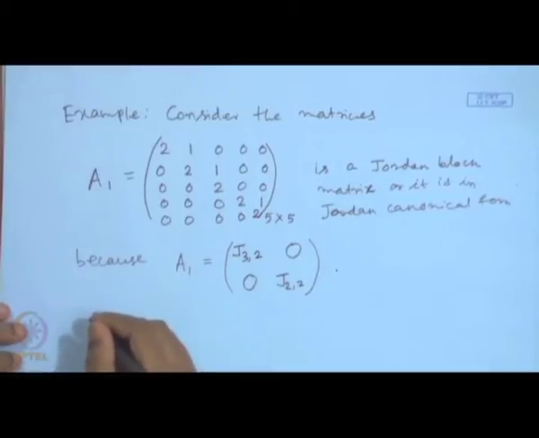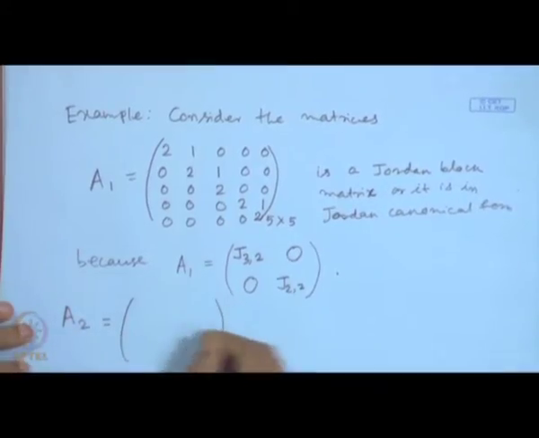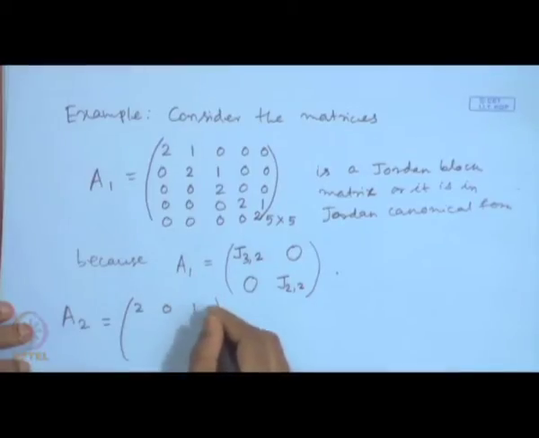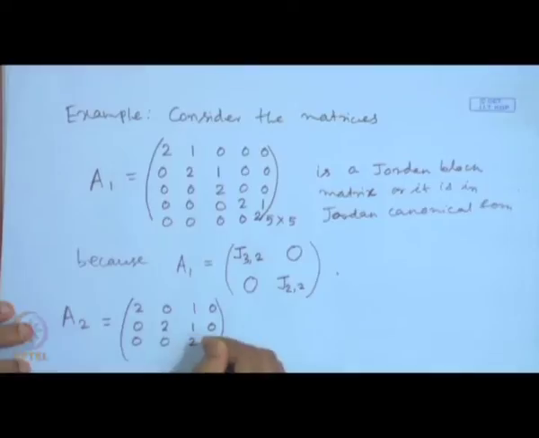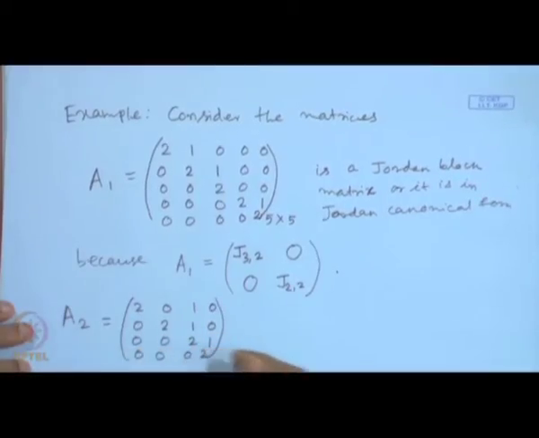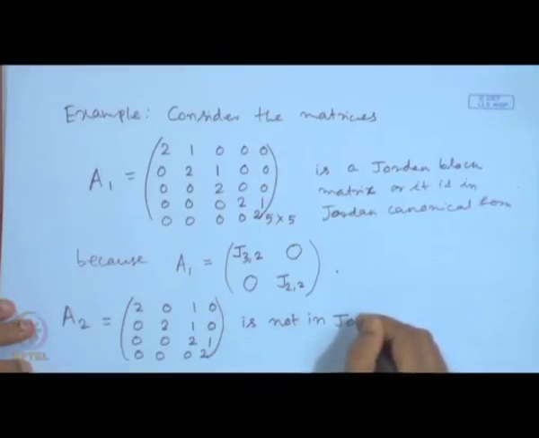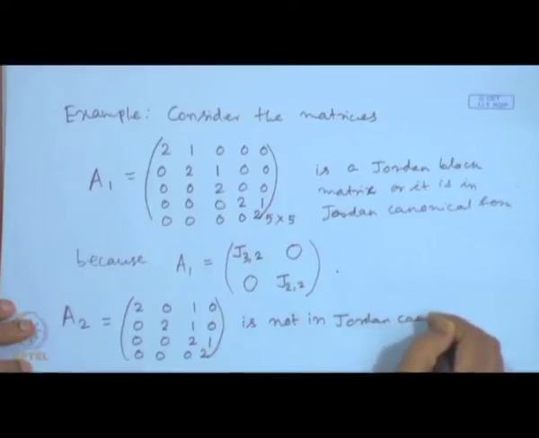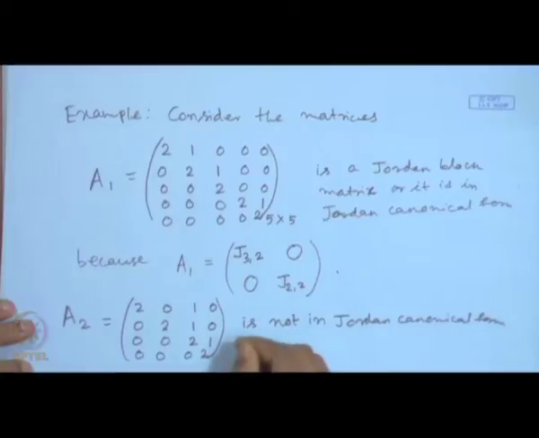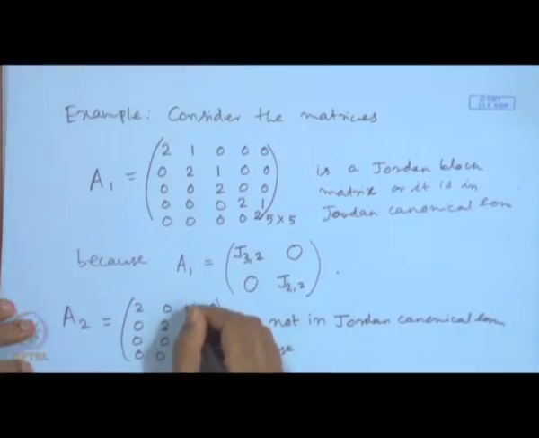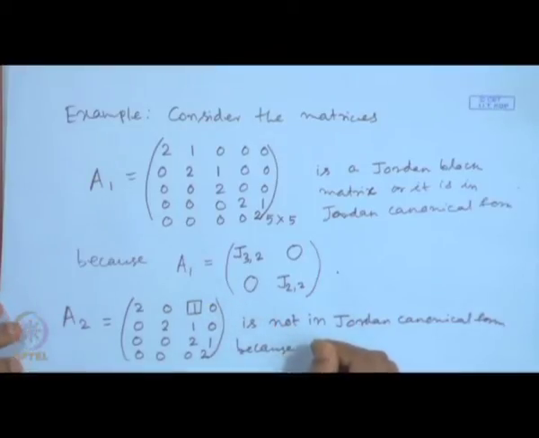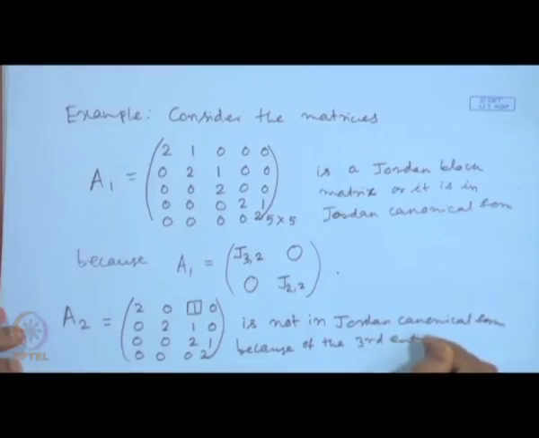But if we consider A2, which is like this, 2 0 1 0, 0 2 1 0, 0 0 2 1, 0 0 0 2, it is not in Jordan canonical form, because of the third entry in the first row.